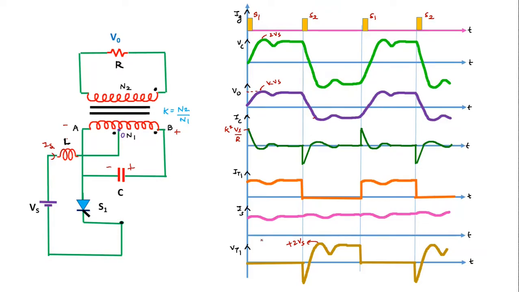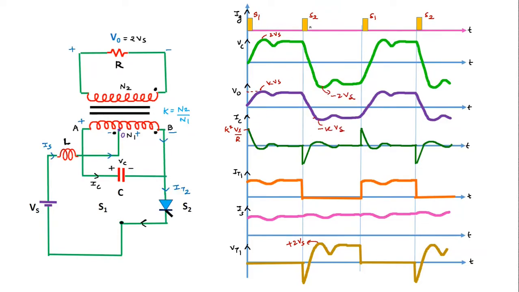Now we will consider the next case. When the S2 SCR goes into the on condition, the voltage across the capacitor polarity will be reversed, that is minus on the right hand side plate, positive on the left hand side plate. So this capacitor voltage will be taken as negative, therefore VC will be equal to minus 2 Vs. That means the maximum voltage across the capacitor will be minus 2 Vs. Similarly, the voltage across the load resistor V0 will be equal to minus KVs here.